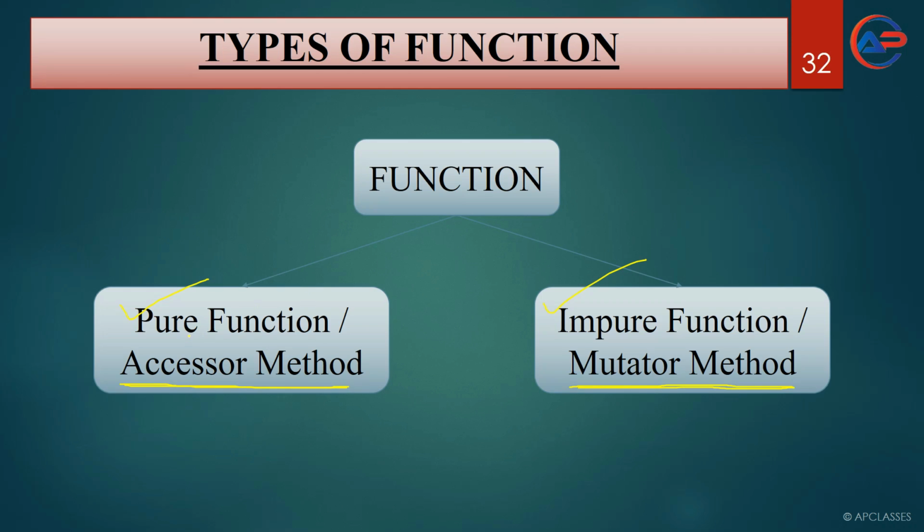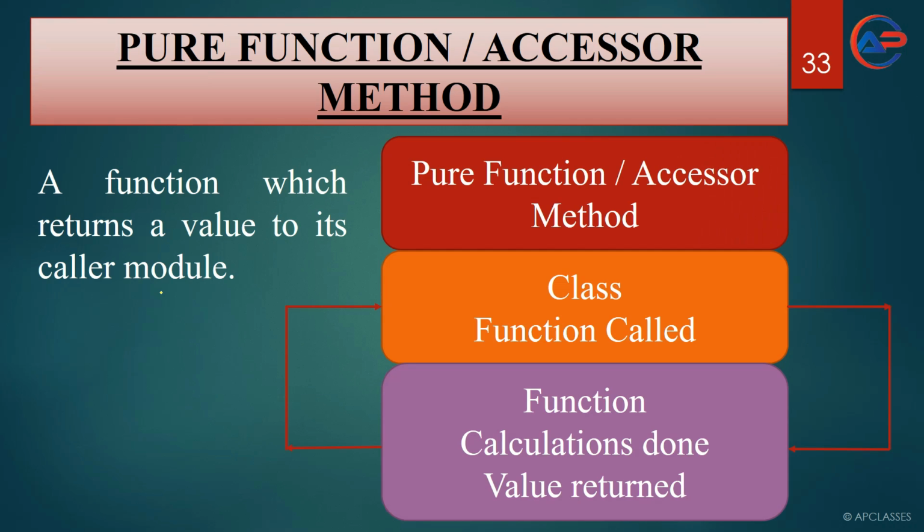Here we are going to discuss what a pure function is and what an impure function is. Many times a question has come: what is the difference between pure function and impure function? Give an example of a pure function, give an example of an impure function.